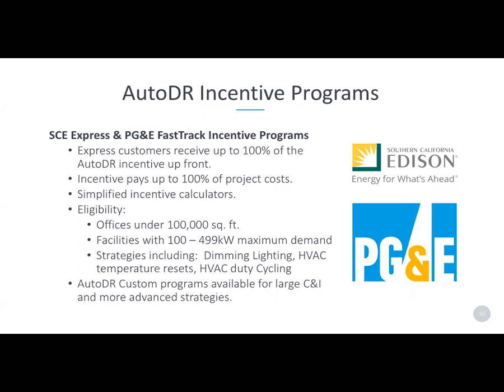So a little bit more about some of the program features. These programs offer simplified or deemed incentive calculators based on predetermined load shed strategies. 100% of the incentive is received upfront instead of split between an initial payment and performance payments. So this really helps with the financials of a project.